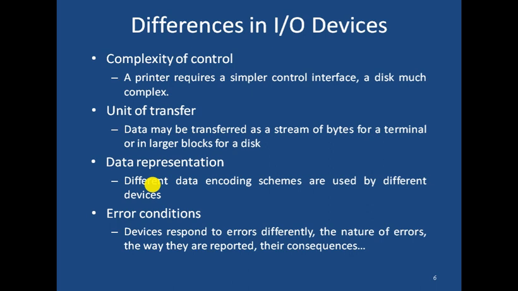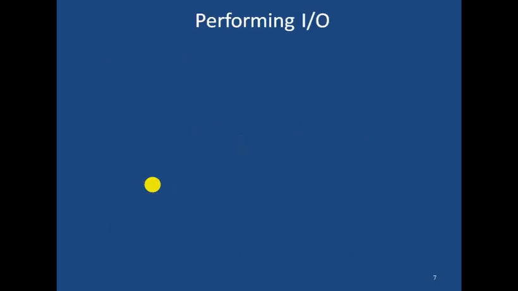Errors are of different types, based on the functionality of the devices. There are different types of errors, different error handling mechanisms, and also different responses to errors. So based on these errors also we can differentiate the I/O devices. Next we will understand performing I/O.